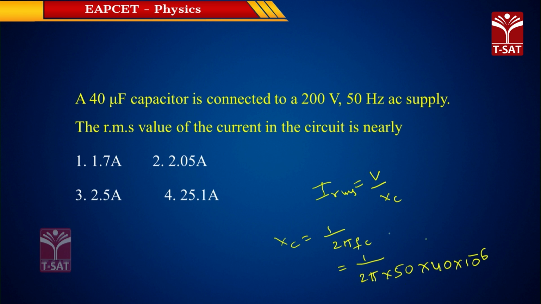Here this value substituted gives the reverse. V value 200 by 1 by something, these values also go to the top: 2 pi into 50 into 40 into 10 to the power minus 6. Okay children, you calculate this value, here it is 2.5 ampere. Okay, that is 2.5 ampere, where the third option is there.